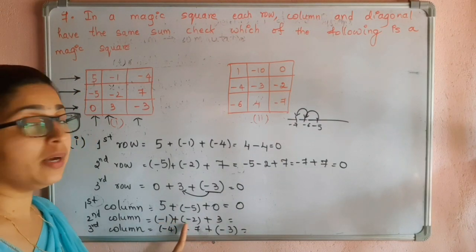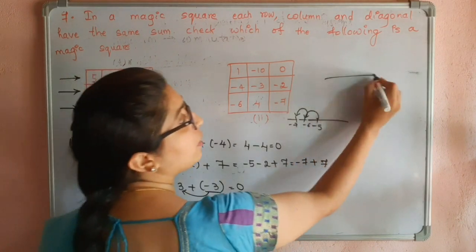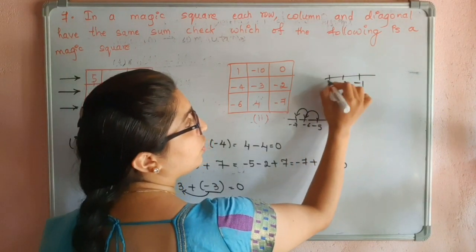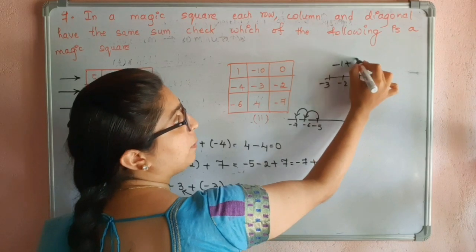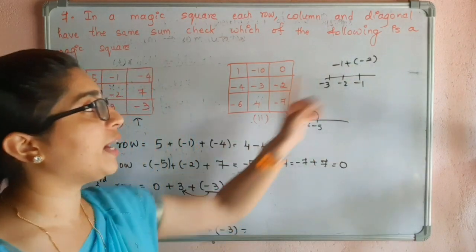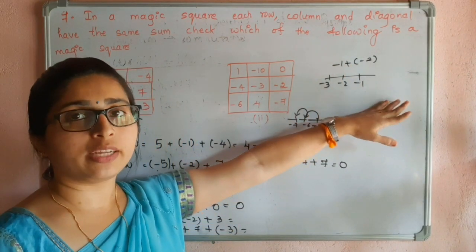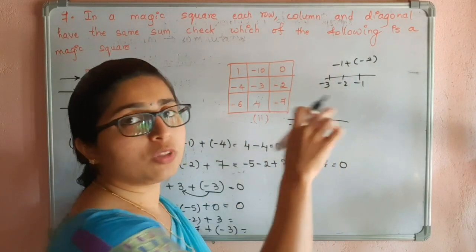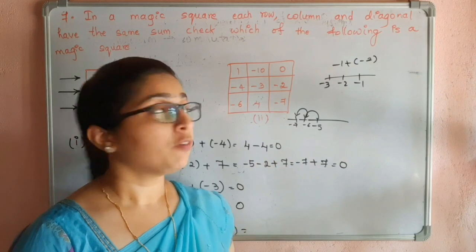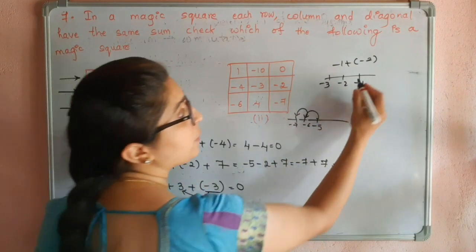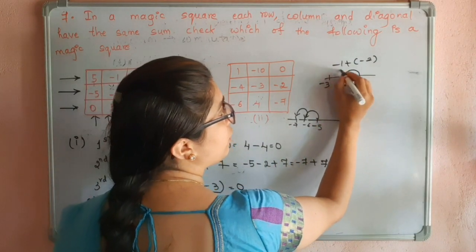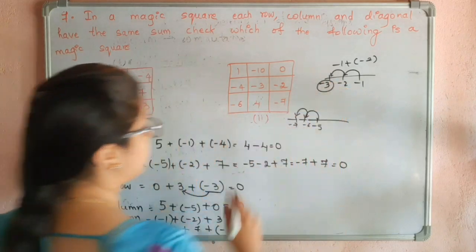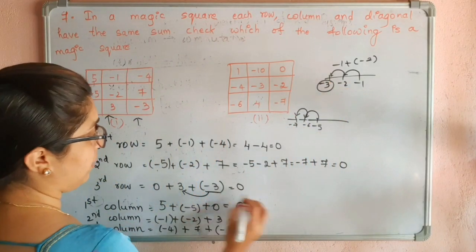Here minus 1 plus into minus is minus, so minus 1 minus 2. That means I am adding a negative integer, so on the number line I have to move towards the left. If you don't know this concept, go to my first lecture and then watch this. So that is minus 3.